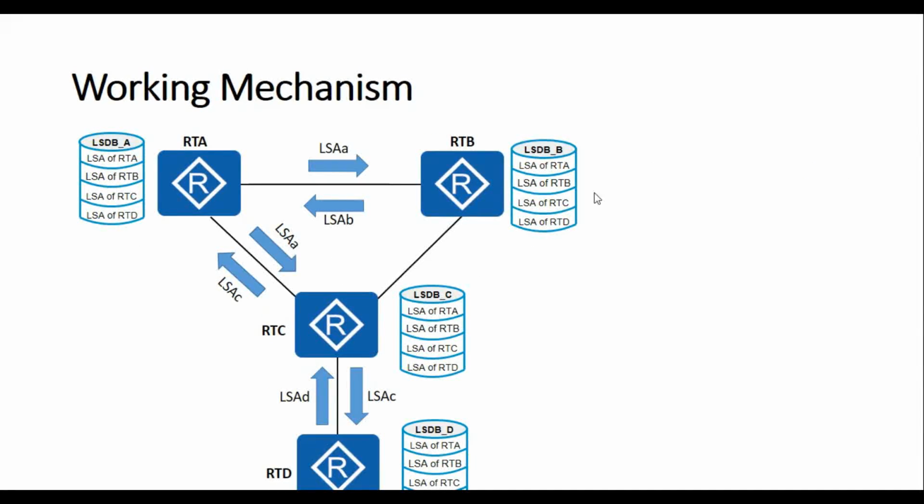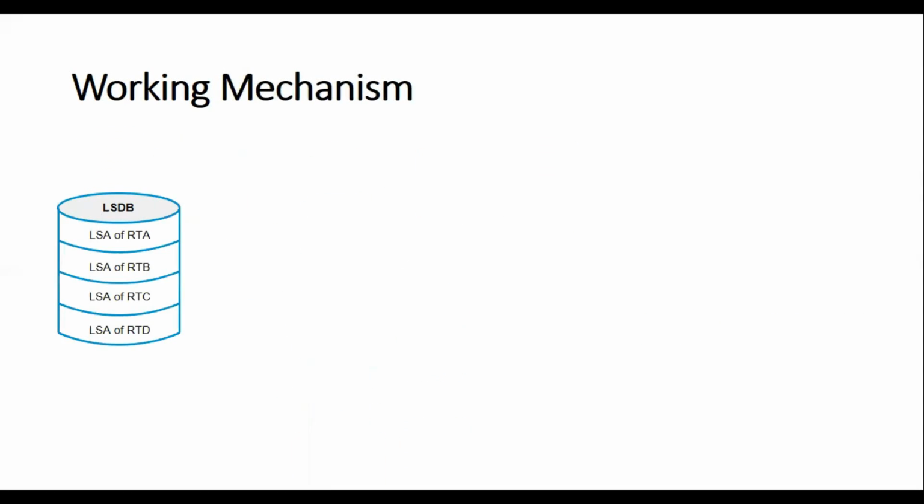And what we are saying is that every OSPF router in an area has a similar link state database. That's the most important and very critical for us to understand the working mechanism of OSPF.